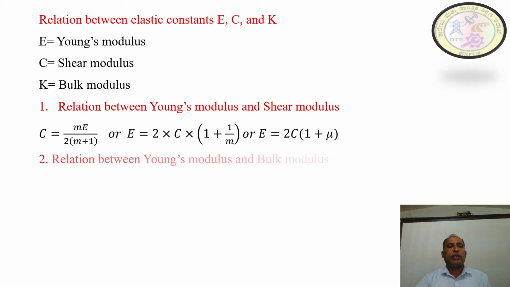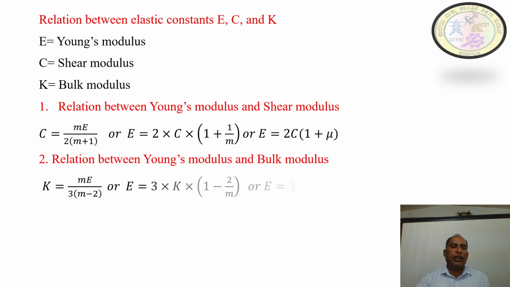The second equation, which gives the relation between Young's modulus and the bulk modulus, is K equal to ME divided by 3 into M minus 2, or E equal to 3 into K into 1 minus 2 by M, or E is equal to 3K into 1 minus 2 mu.